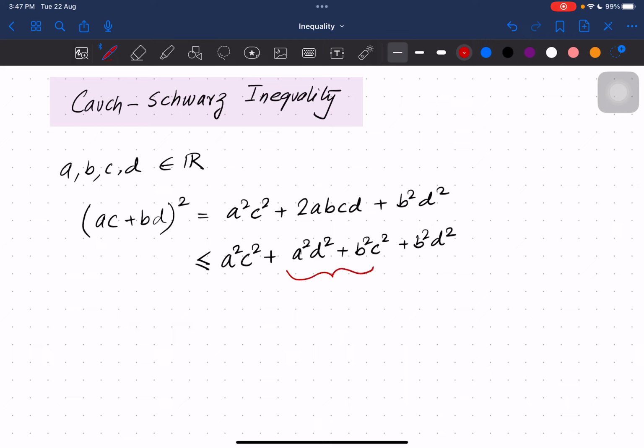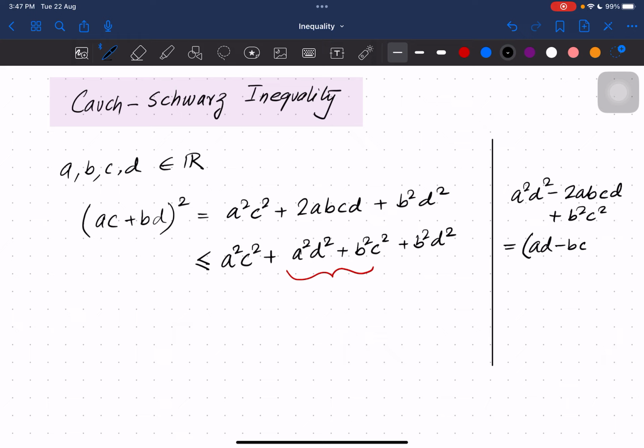So this you can easily see that it is true, because if I take A square D square minus 2ABCD plus B square C square, this is nothing but AD minus BC whole square, which is always non-negative. So that's why we can replace that.